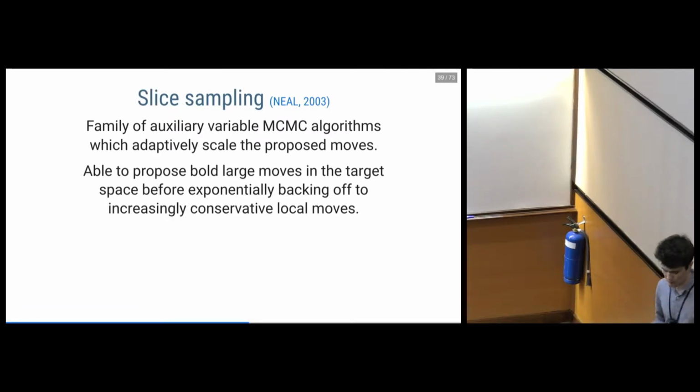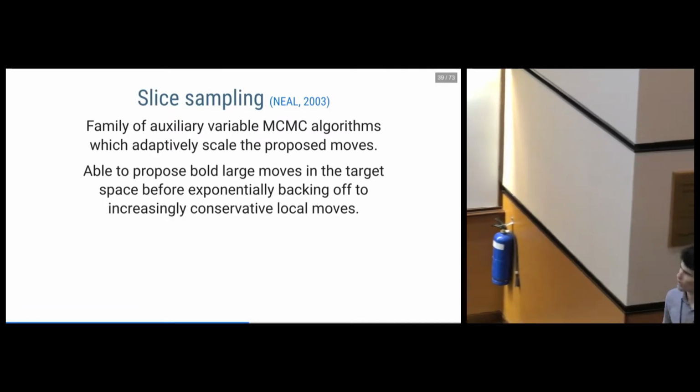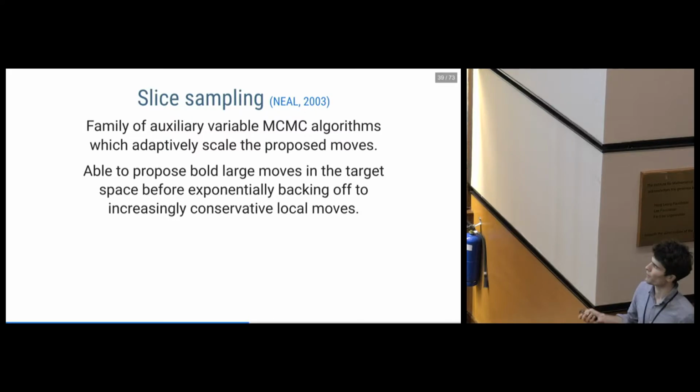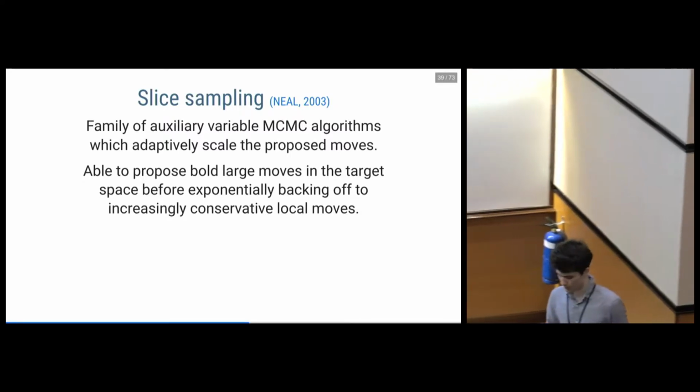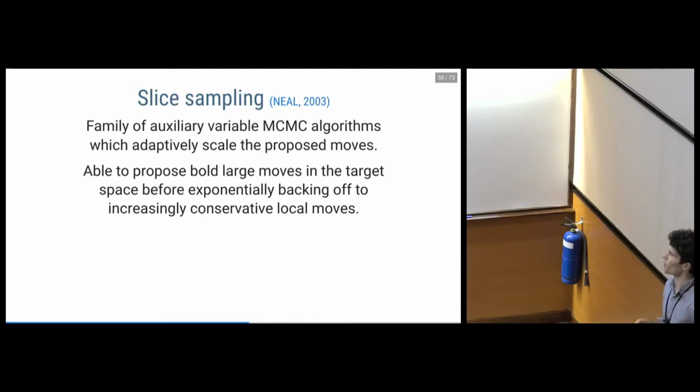So slice sampling is not really one single algorithm, but a whole family of them. They generally share the property that they're able to propose quite large, bold moves within the target space, but then exponentially back off from these by making a series of fewer likelihood evaluations until they're able to accept some point.